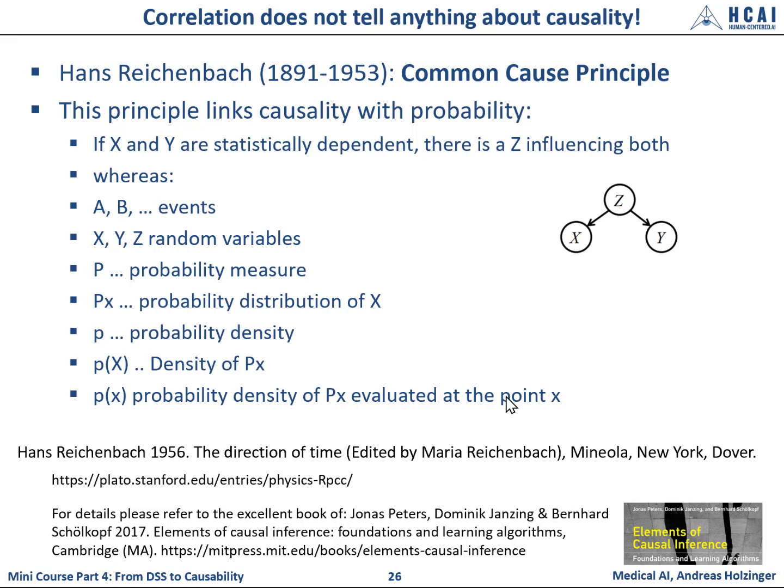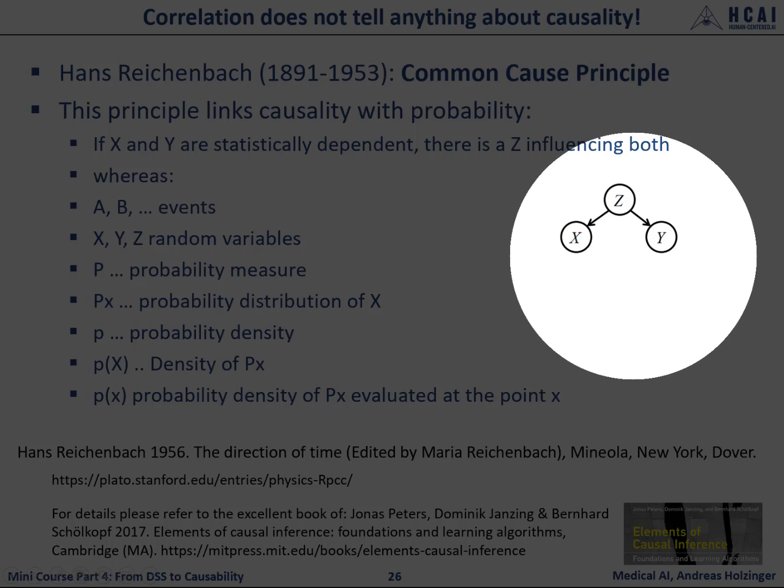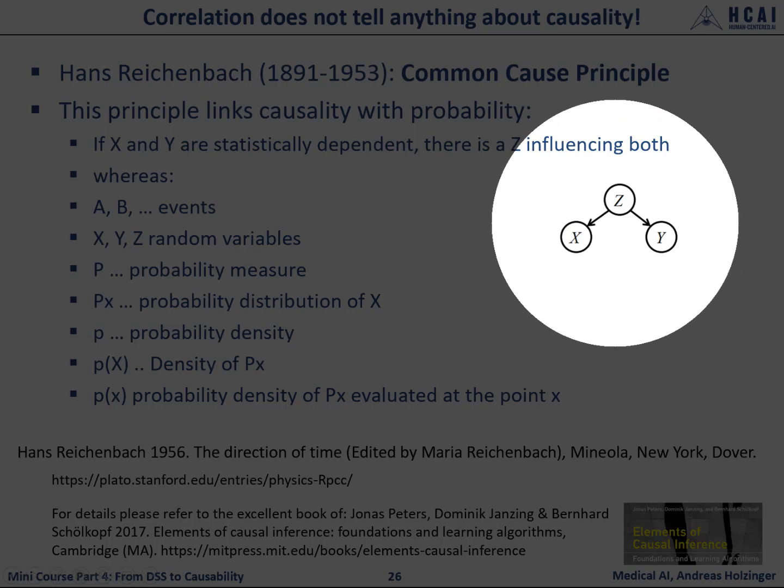And one of the few people who understood this very early was Hans Reichenbach. Post-Hume, in 1956, he published his common cause principle, and this common cause principle links causality with probability. So this states that if x and y are statistically dependent, there must be a set influencing both.